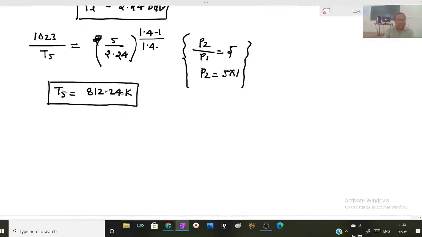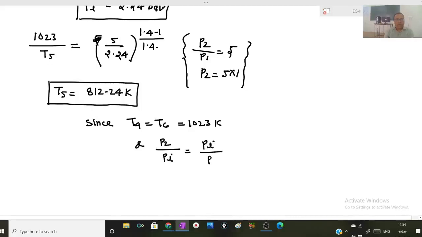So here I have to mention actually, since T4 is equal to T6 is equal to 1023 Kelvin and P2 over Pi is equal to Pi over P1, T5 will be equal to T7 and T5 dash will be equal to T7 dash.